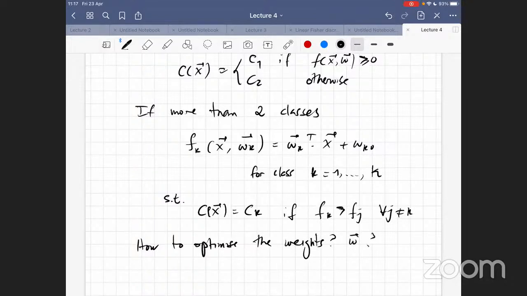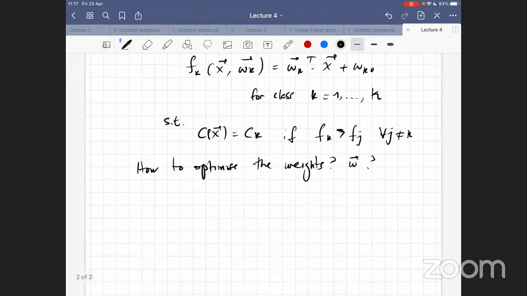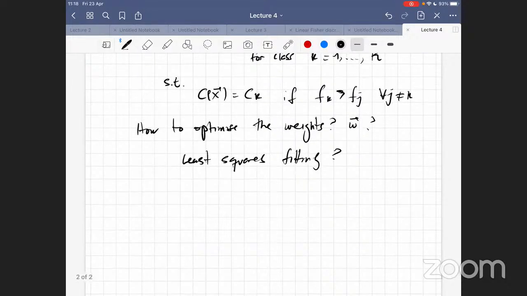I'm talking about this. Well, you say, okay, the other day we saw how to do this optimization. So why not follow least squares fitting, or mean square error or something like that, right?